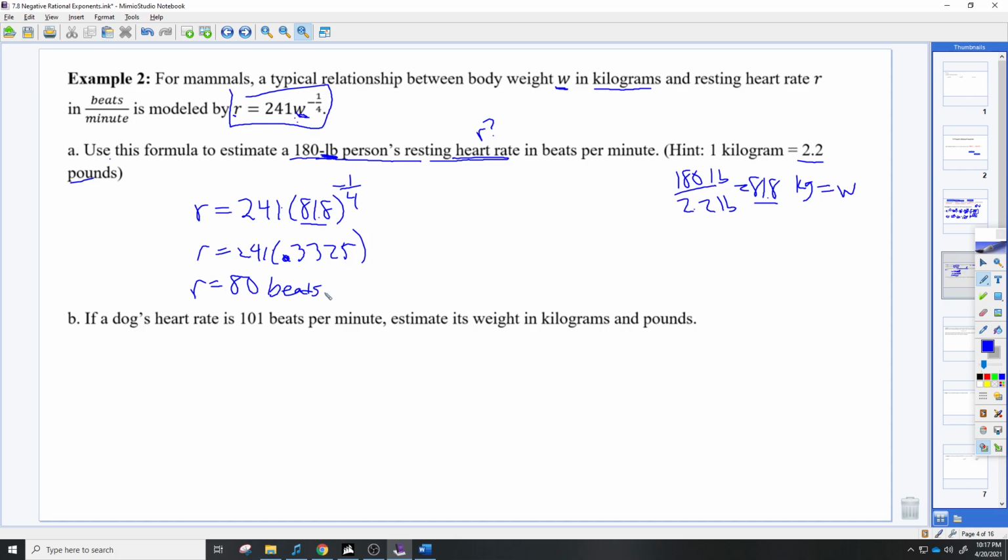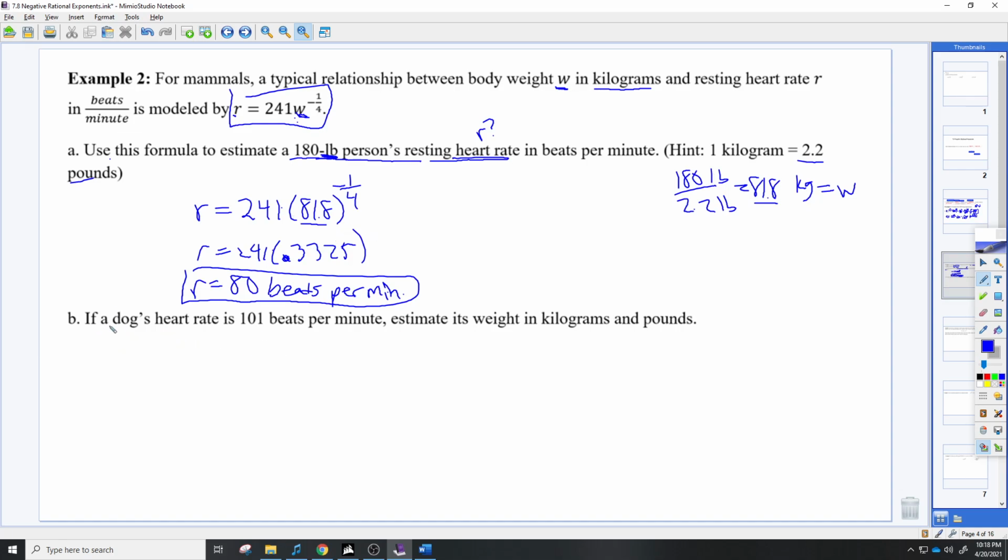So a 180-pound person's resting heart rate, which could change depending on a number of factors, like your health, is about 80 beats per minute. If you're more active, it's probably a little lower.